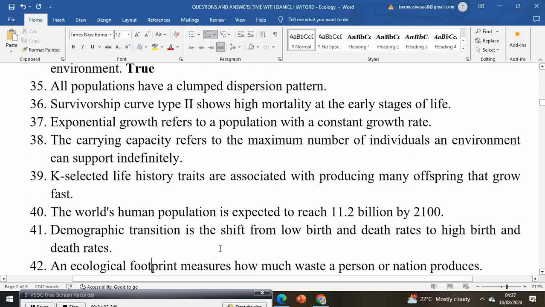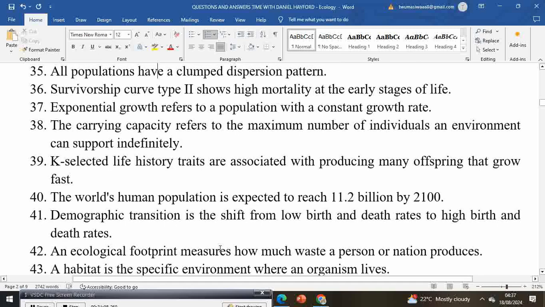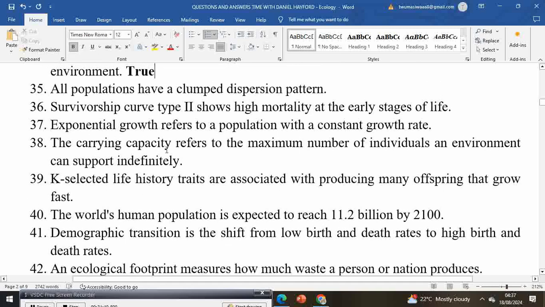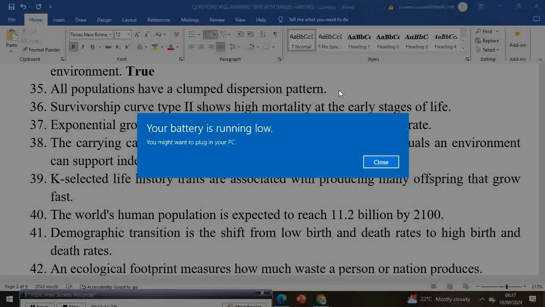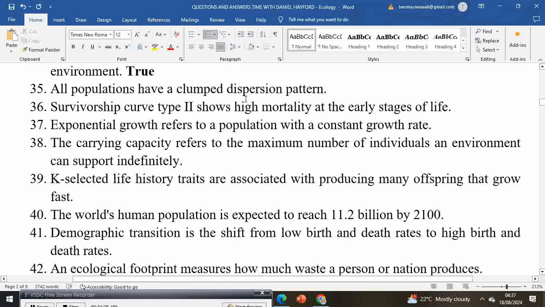Now, question number 35. It says, all populations have a clumped dispersion pattern. So this statement, is it true or false? Number 35.